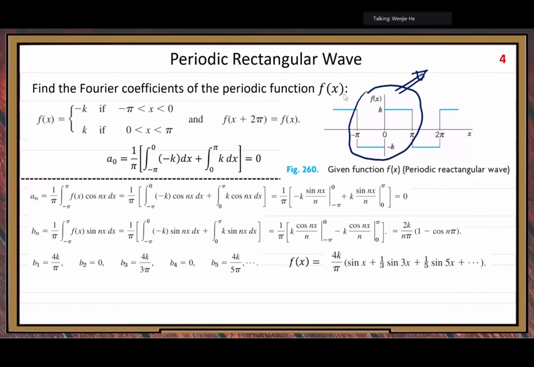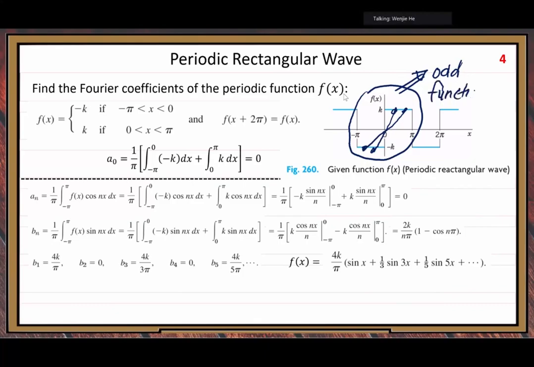It is symmetric with respect to the origin. The point here has a symmetric point there, the origin. And this function we call an odd function. Even function, odd function. Is this an even function? It's an odd function.